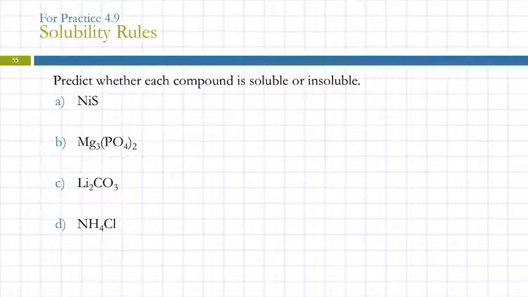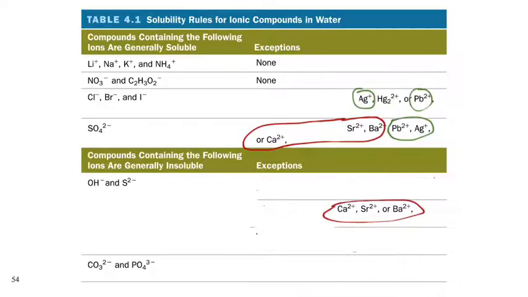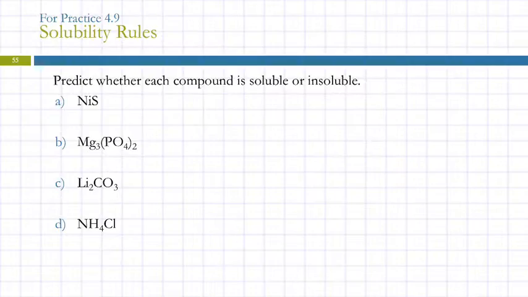So I'm going to say this is insoluble. I'm going to go back and look at the chart. Here's sulfide. Insoluble. Nickel, not one of the exceptions. Nickel sulfide is insoluble. You see how we did that?